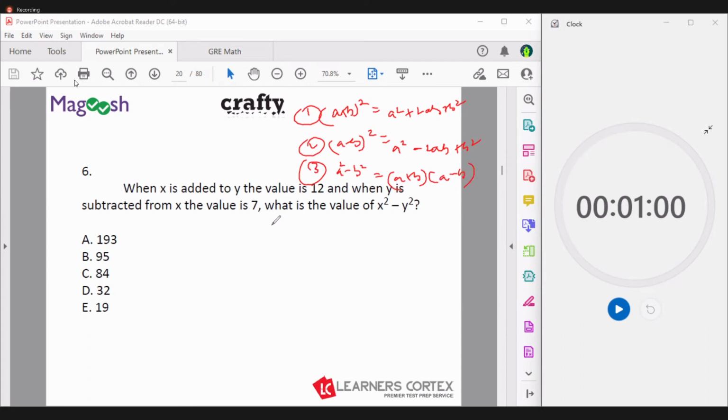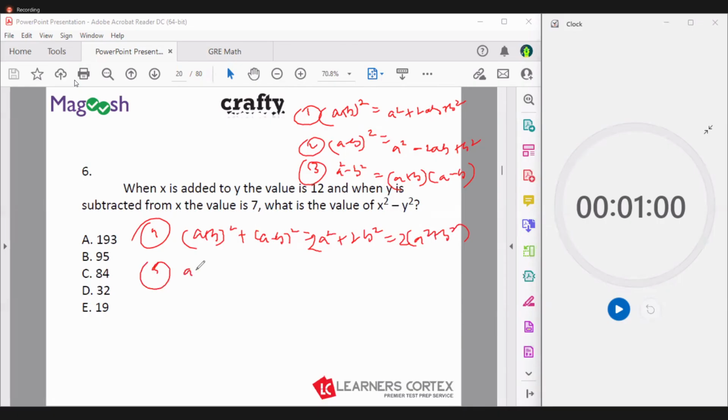Oh, I remember there was one student who also sent me notes for algebra now. Nice. Then apart from this, a plus b whole squared plus a minus b whole squared is 2a square plus 2b square, or 2 times a square plus b square.